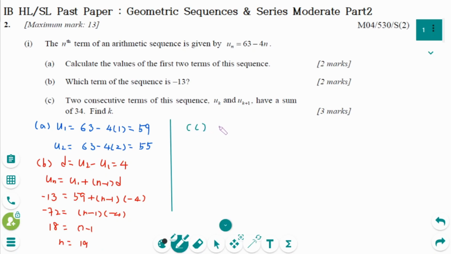Number C, Uk plus Uk plus 1 equals 34. Use Un equals 63 minus 4n.